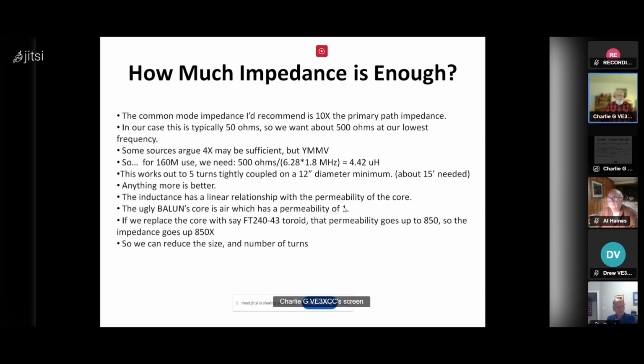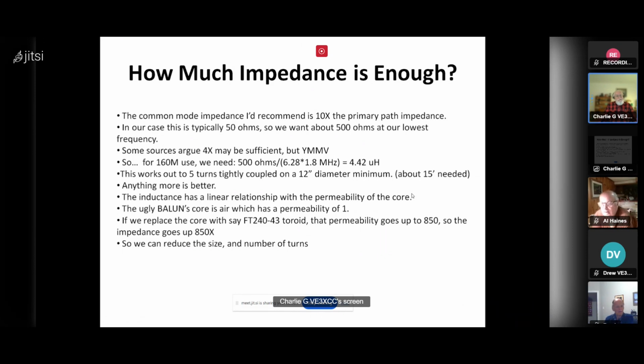And the other thing worth noting is that the inductance has a linear relationship with the permeability of the core. It has a square law relationship with the number of turns, but whatever the permeability of the material that you're winding it on is, that relationship is linear. So the ugly balun core is air, which has a permeability of 1.